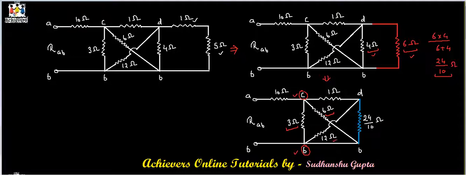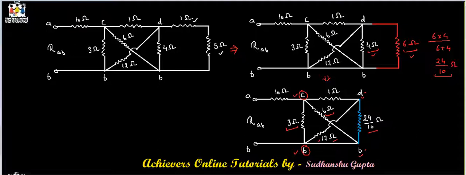Similarly, this 12 ohm and 24 by 10 ohm resistances are connected in parallel between points D and B. So these two resistances can also be replaced by a single resistance connected between these 2 points D and B.